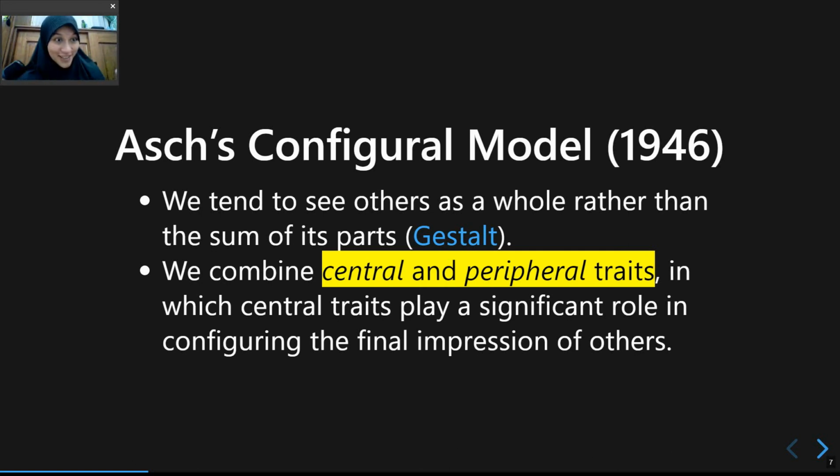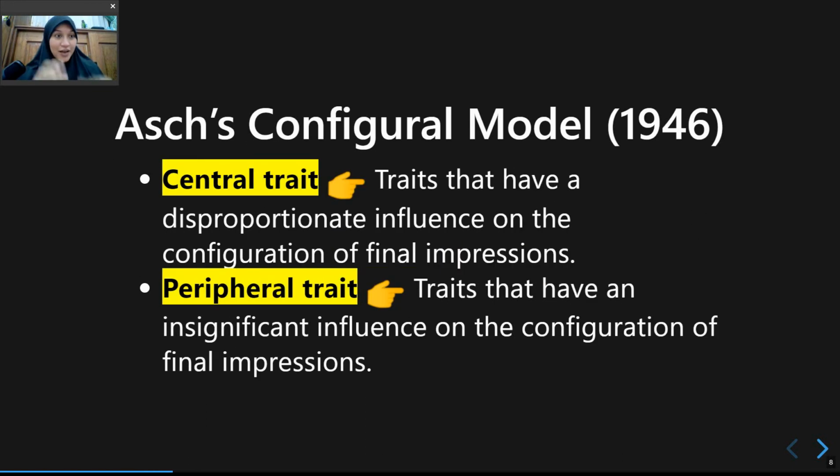Those characteristics could play their part as a central trait, which means those traits would significantly affect how we perceive people. But there are also peripheral traits. These are traits that we pay less attention to, so that even if those peripheral traits change, we rarely pay attention to that change. So we focus more on central traits when it comes to forming a general impression of other people.